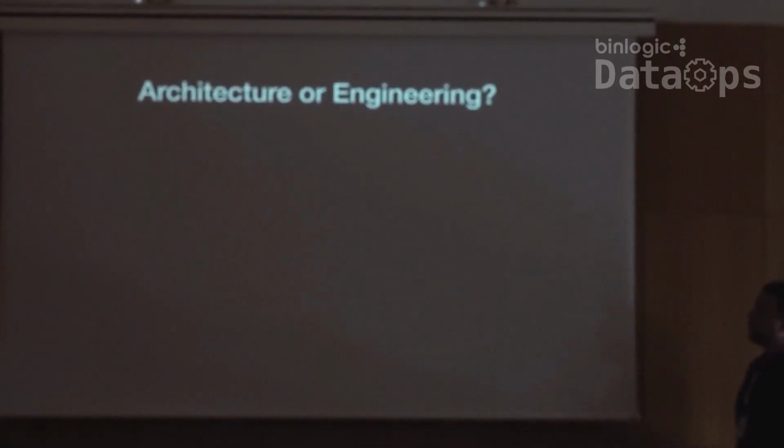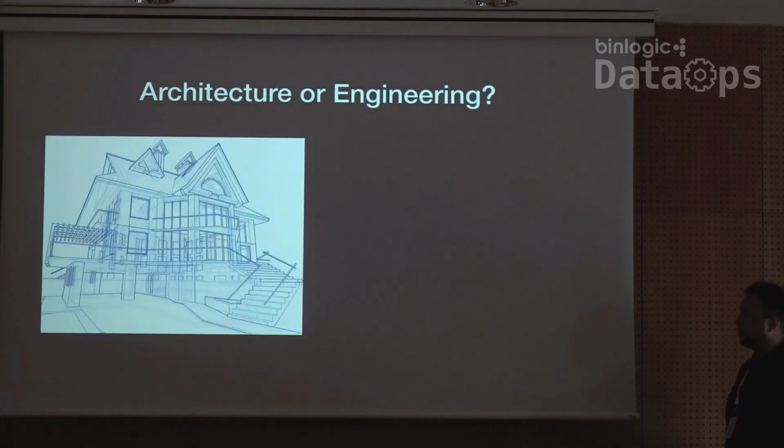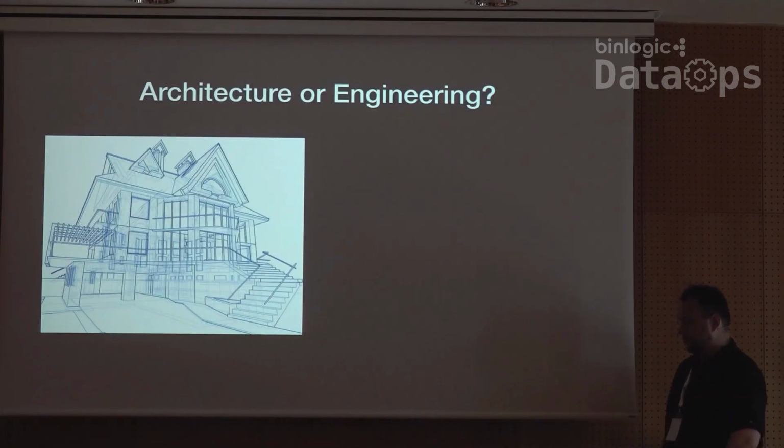And with that, we move to what is the difference between a cloud architect and a cloud engineer. So an architect, in analogy, would build this draft or this blueprint for you, showing basically what you're asked for, like how it should look, and nothing else.